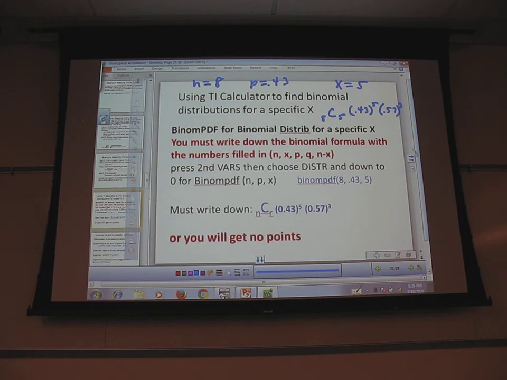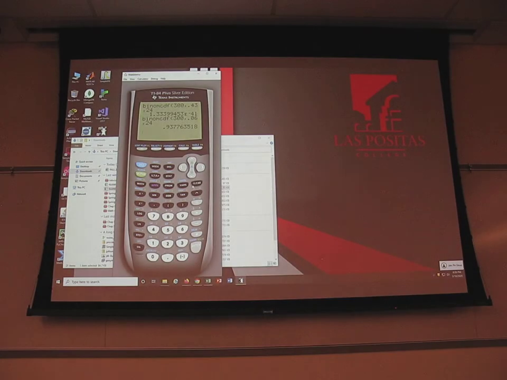And you can either find this on your calculator, which is not hard, or you can just do binom PDF of that. I'll show you what I mean. So here, we want 8 choose 5. Just to refresh you: math, probability, choose, nCr right there. Hit enter. You have to put the 8 first, and then nCr 5, enter to get your number, and then times 0.43 to the fifth, times 0.57 to the third, and that's your probability.